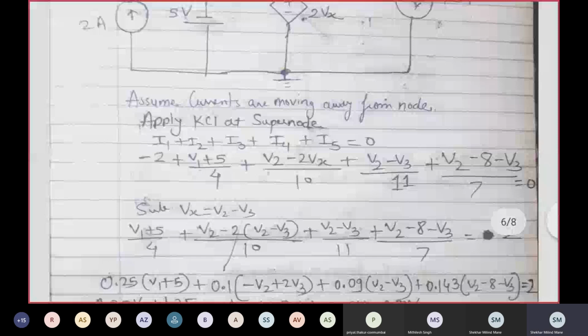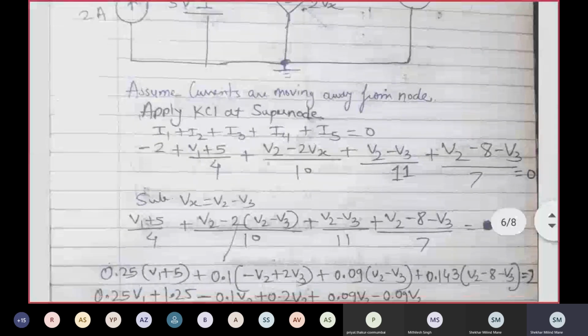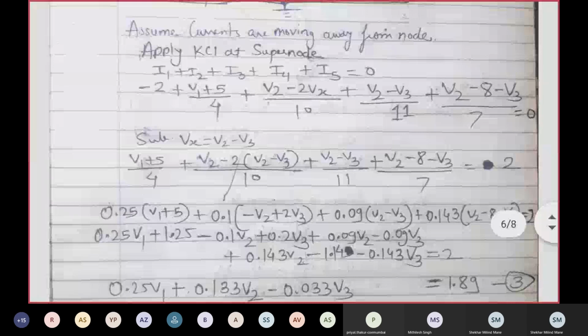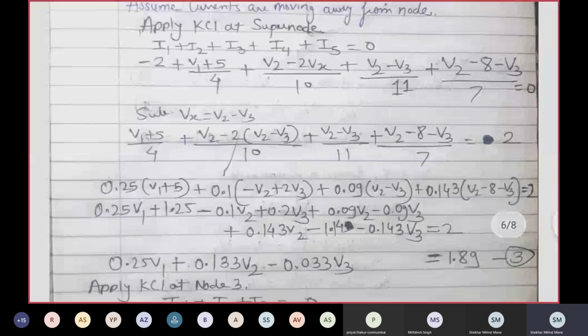Now here you can substitute the value of Vx that we get from the observation, that is V2 minus V3. So after substituting and shifting this minus 2 to the right side, it will be plus 2. And you can directly write 1 by 4 is 0.25, 1 by 10 is 0.1, 1 by 11 is 0.09, 1 by 7 is 0.143.